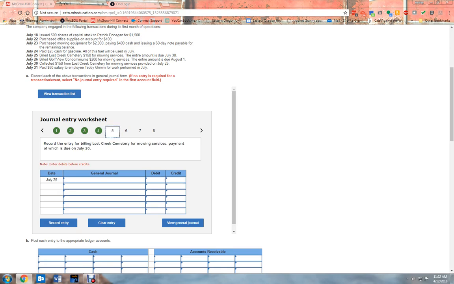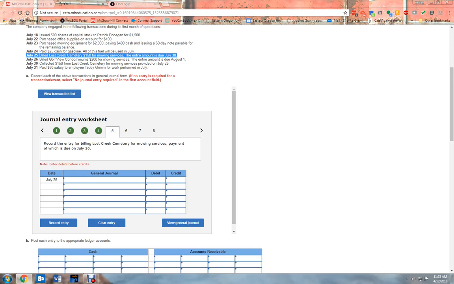All right. So now we are July 25th. We're going to bill Lost Creek Cemetery $150 for mowing services. The entire amount is due July 30th. Okay, take it in chunks. We billed Lost Creek Cemetery $150.